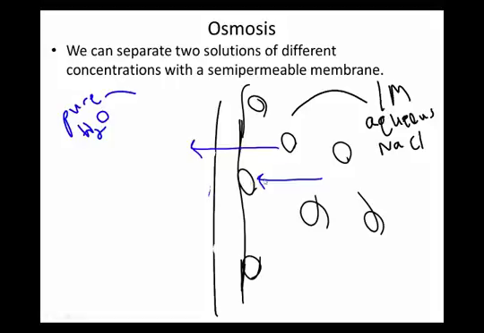But the solvent going this way can't push the solute through the membrane, while solvent going the other way can push the solute particle back away from the membrane and get through.